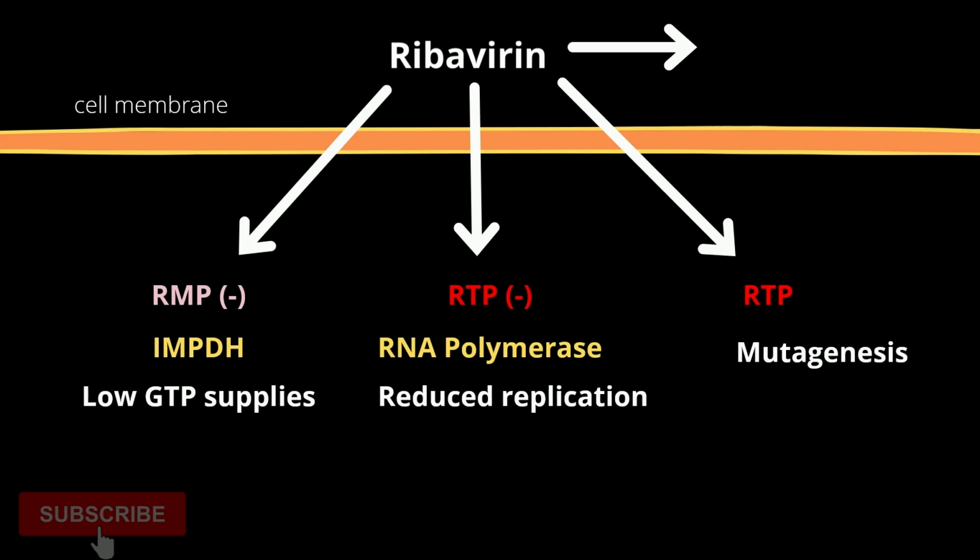Therefore, in whichever genome it is incorporated, it does not function as normal. So essentially, you have got a non-functioning viral particle. And finally, it exerts its effect on the helper 2 cells, which we know have an important role in antibody formation that will come into play against the hepatitis C virus.